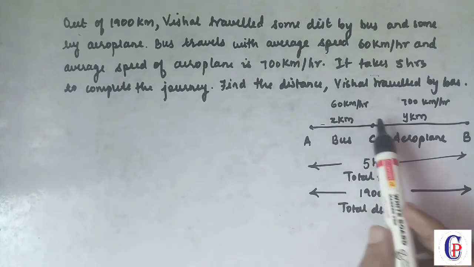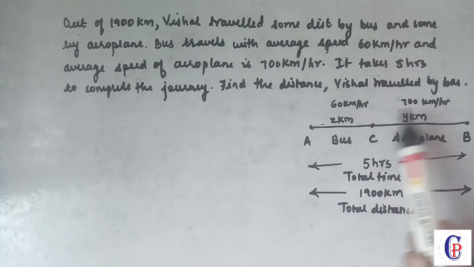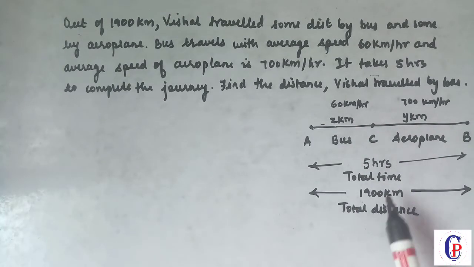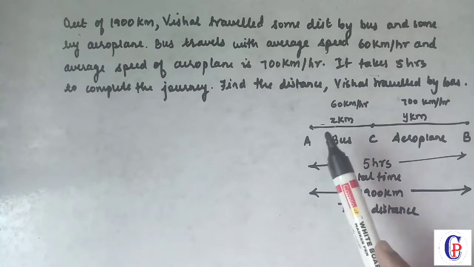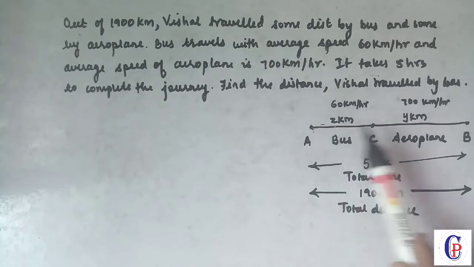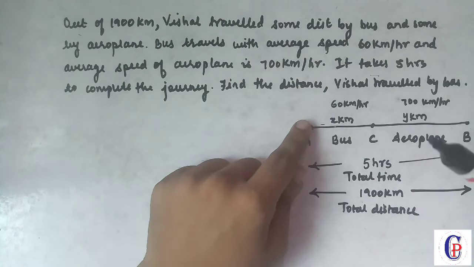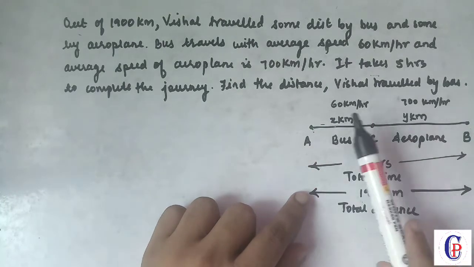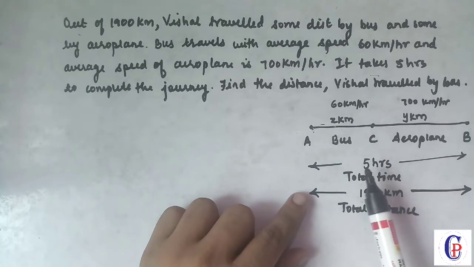See here, this is X kilometers, Y kilometers. So can we say that X kilometers plus Y kilometers is 1900 kilometers, because the total distance from A to B is 1900 kilometers? Now you cannot say that X kilometers plus Y kilometers is 5 hours.